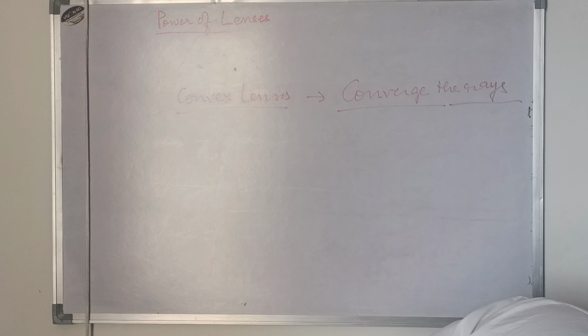It seems black because the light goes inside and is not reflected back. You can say it is a hole, an opening in which the light enters but does not come back.